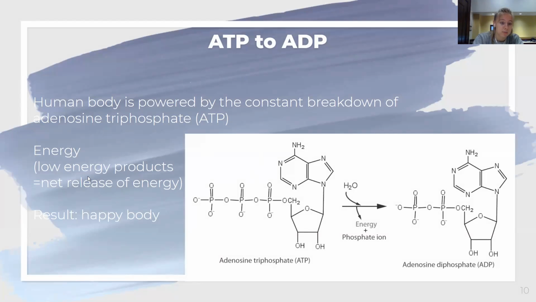And it's these low energy products that are creating a net release of energy. And that release of energy is what's powering your body. And so it's not necessarily the breakdown of adenosine triphosphate that is creating all of this energy for your body, but it's the forming of ADP following the breakdown of ATP that is ultimately going to help you function.